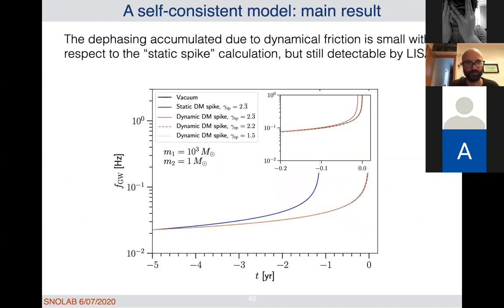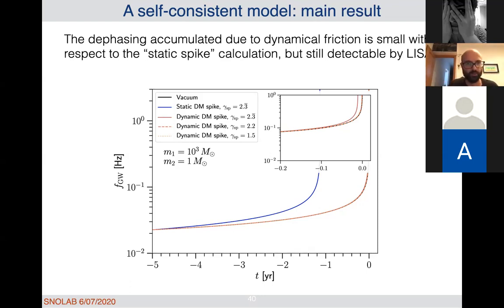Okay, with this formalism, we get this result. This is our main result. So basically, you can produce plots like this, in which you have the frequency of the waveform. This is called a spectrogram. So you have the frequency of the waveform as a function of time, and you have the vacuum case as the reference case, so the case in which you have no dark matter at all.